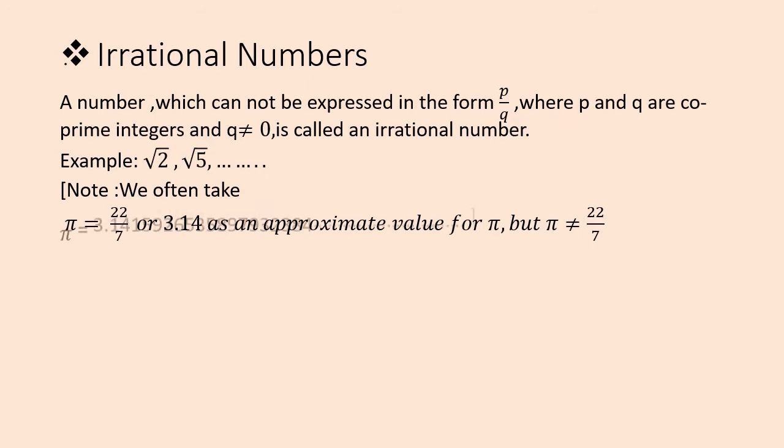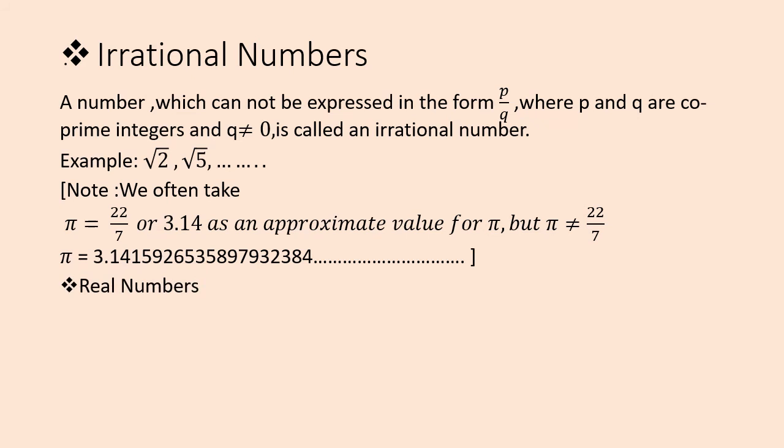The decimal form of pi is 3.1415965, etc. That means the decimal expansion is non-terminating, non-repeating. So if the decimal form is non-terminating, non-repeating, it is an irrational number. Therefore, pi is an irrational number.